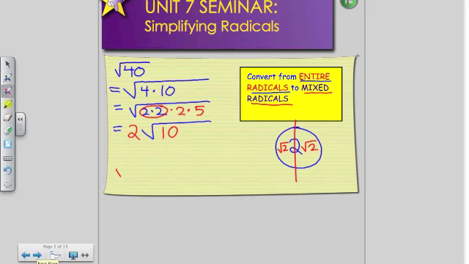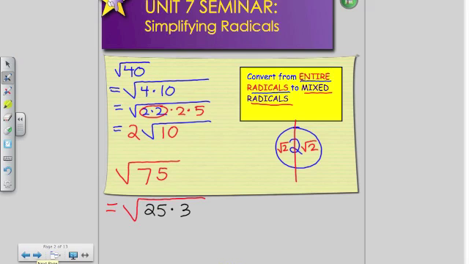Root 75. Can someone tell me 2 numbers that multiply to 75? You don't have to break it down completely, but 2 numbers that multiply to 75. Suleika? 25 and 3? Good. 25 times 3.